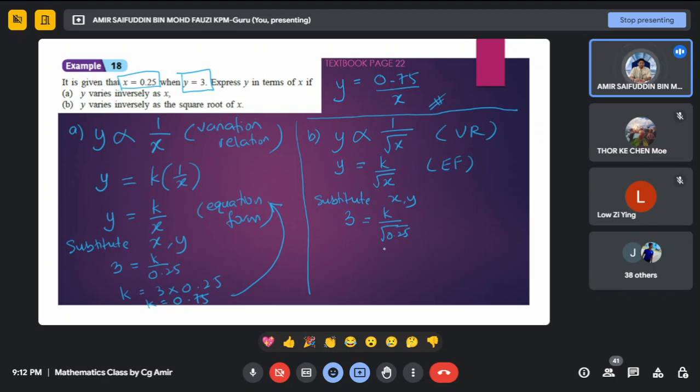Then for k, 3 multiplied by the square root of 0.25, which is 0.5.